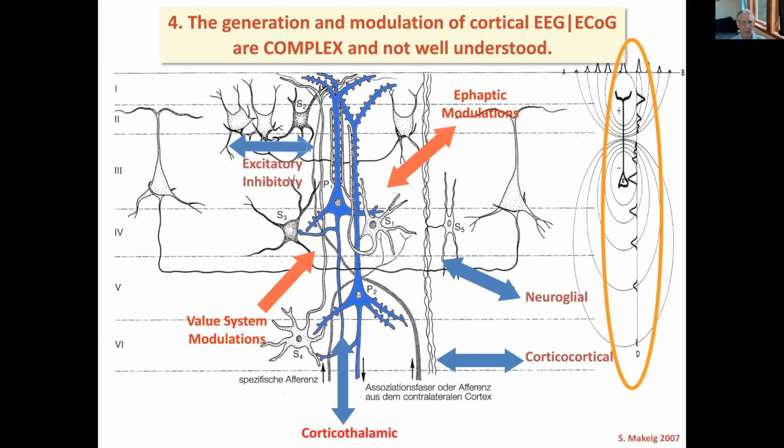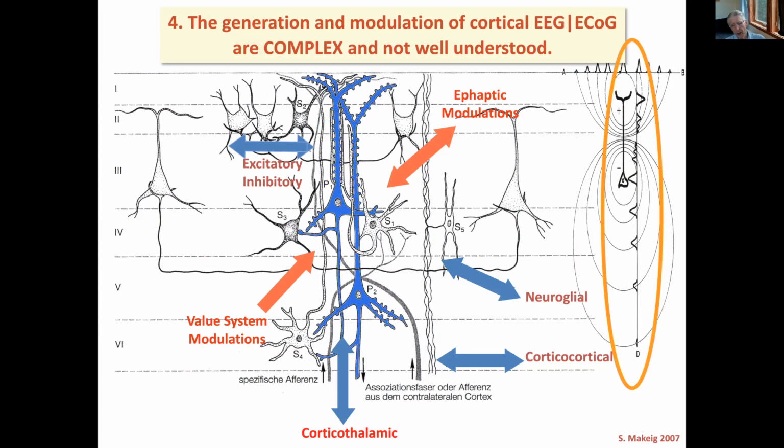It's known that what Edelman called the value system modulations, these brainstem-centered neurotransmitter-labeled systems that give some news about the import of events, the dopamine, serotonin, noradrenaline, and so on, are known to modulate the local field potentials within cortex.